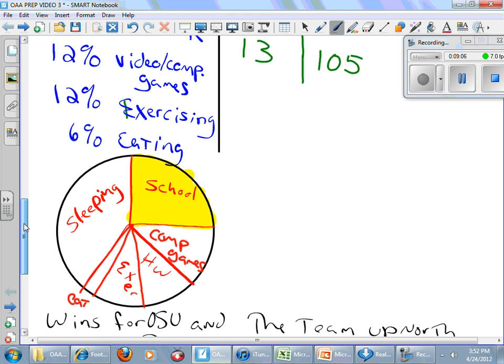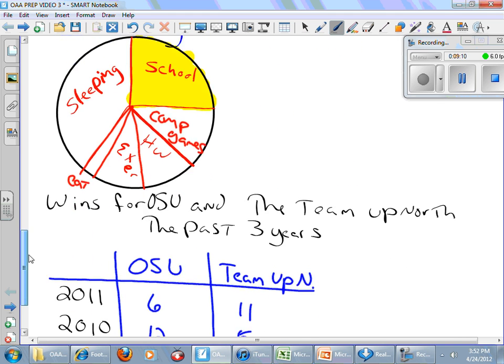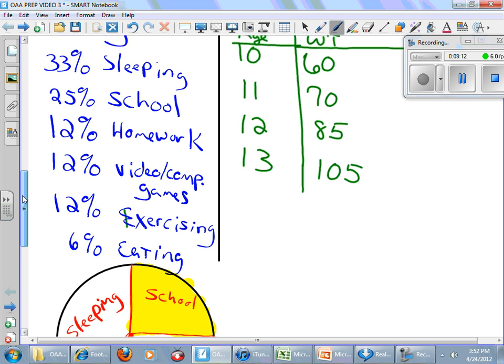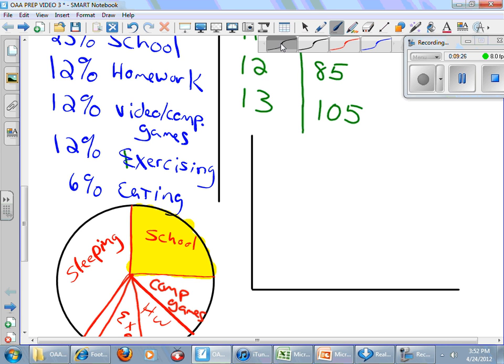Okay. On this one, because time is being involved, I'm going to use a line graph or a scatter plot of some type. So, I'll make little axes here, and I'll have his weight, and down here will be his age.